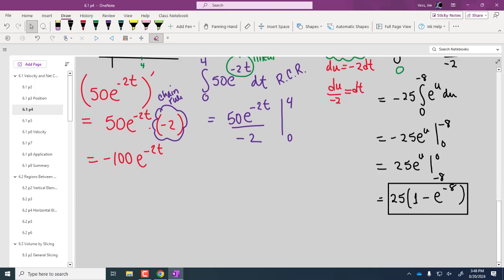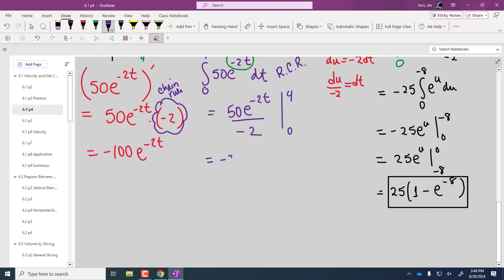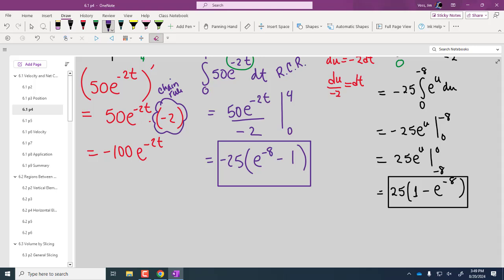We plug in the 4, and we get e to the -8. We subtract e to the 0, which is 1, and we are done. And if we took the minus sign and distributed it across, we'd get the exact same answer.